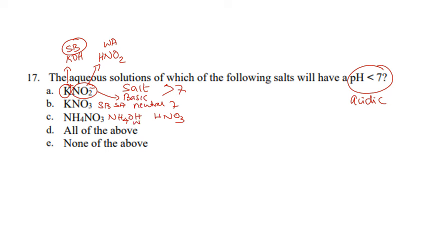NH4OH is a weak base. HNO3 is a strong acid. So if it is a strong acid, this one is an acidic salt. So for the acidic salt, the pH is less than 7. We don't have to go with the others now because we already got the acidic salt, which is less than 7. So that's the answer, C.